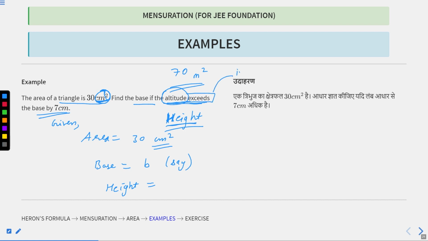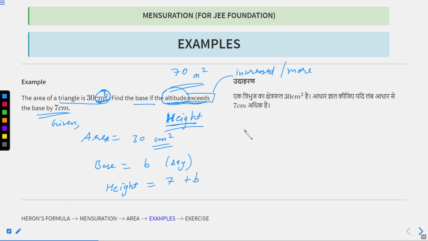Exceed means increased, an excessive amount. So the height is 7 centimeter more than the base. That means height is 7 plus b, because the altitude exceeds the base by 7 centimeter. Whatever the length of the base is, the height is just 7 plus the length of the base.